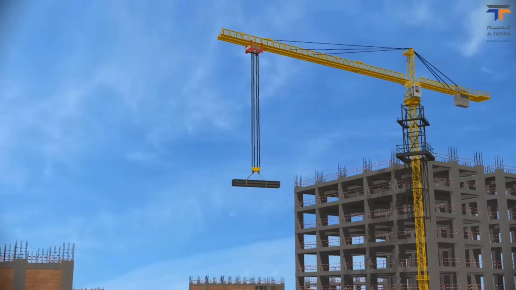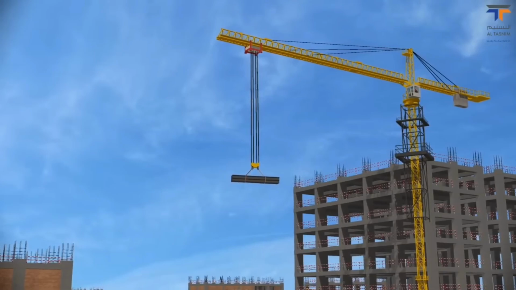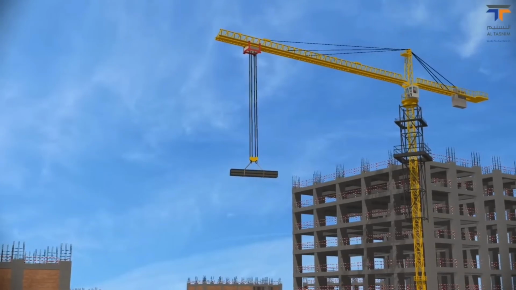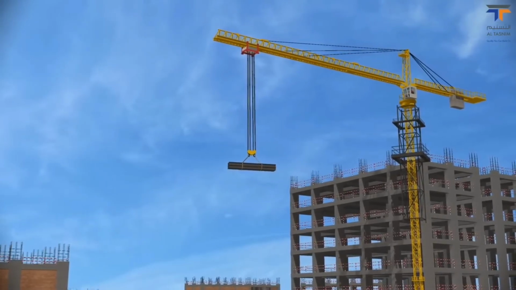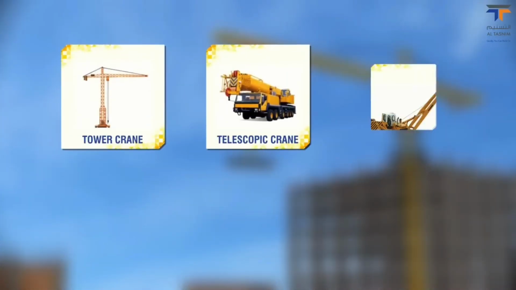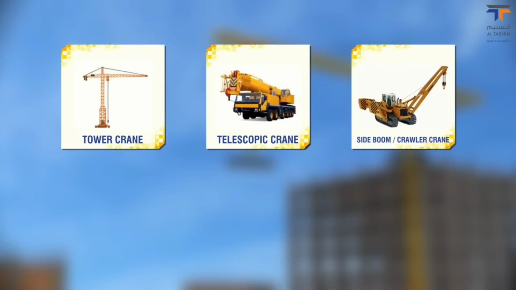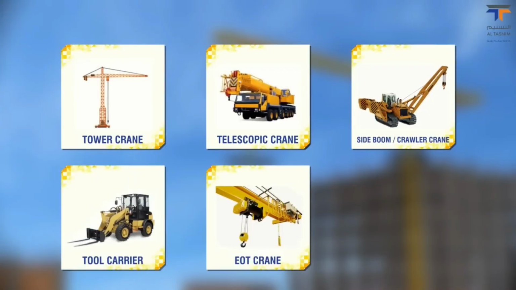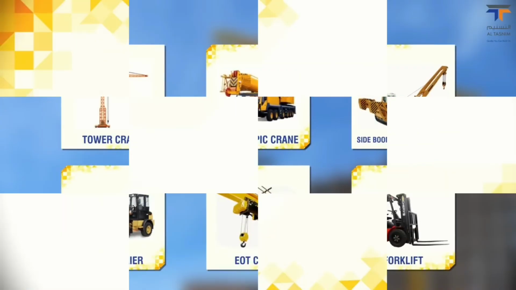Lifting equipment are used for lifting load or material and moving it from one place to another with the help of lifting tools and tackles. For example, tower crane, telescopic crane, side boom, crawler crane, tool carrier, EOT crane, and forklift.